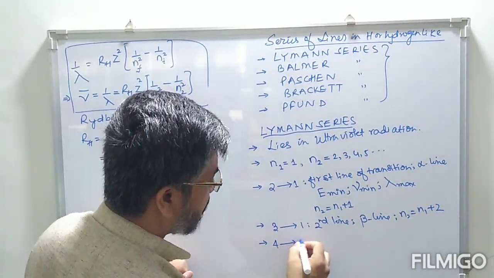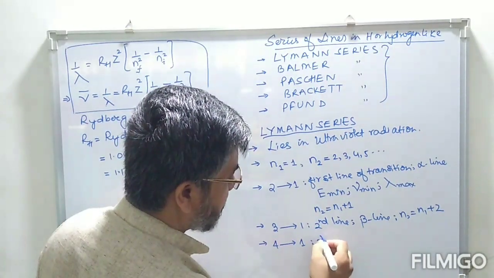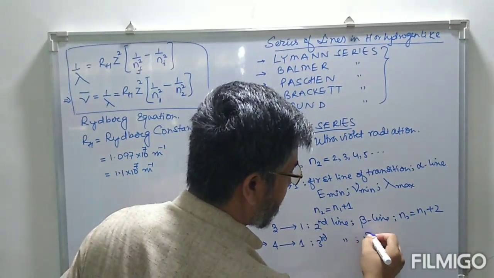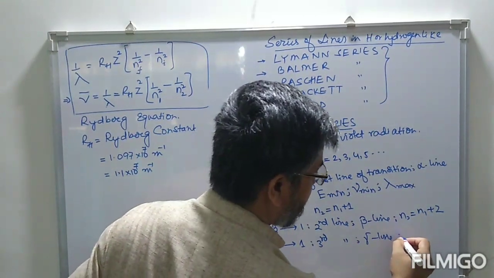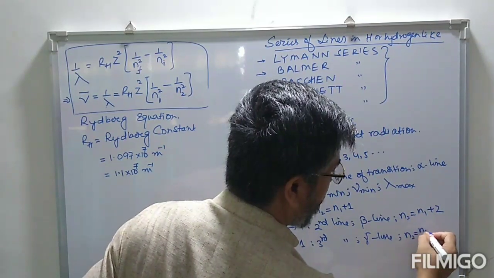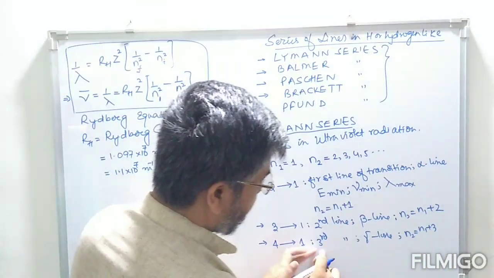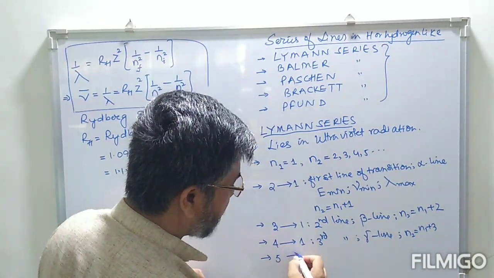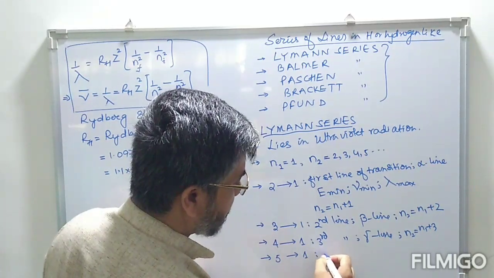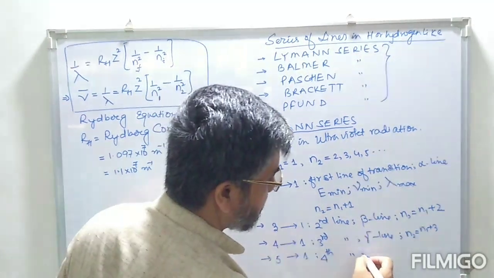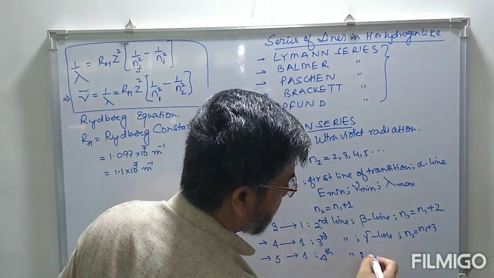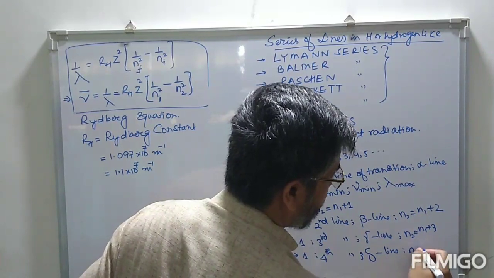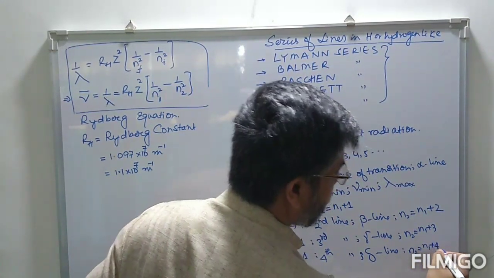If electron is coming from 4 to 1, then this is the third line of transition, also known as gamma line. Value of N2 is N1 plus 3. If electron is coming from 5 to 1, then this is the fourth line of transition, known as delta line, and the value of N2 is N1 plus 4.